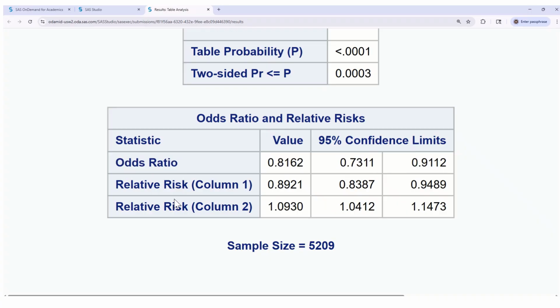It has also given us the relative risk, which is again almost, I would say, no, over here it's 19% difference. I'm sorry about that.